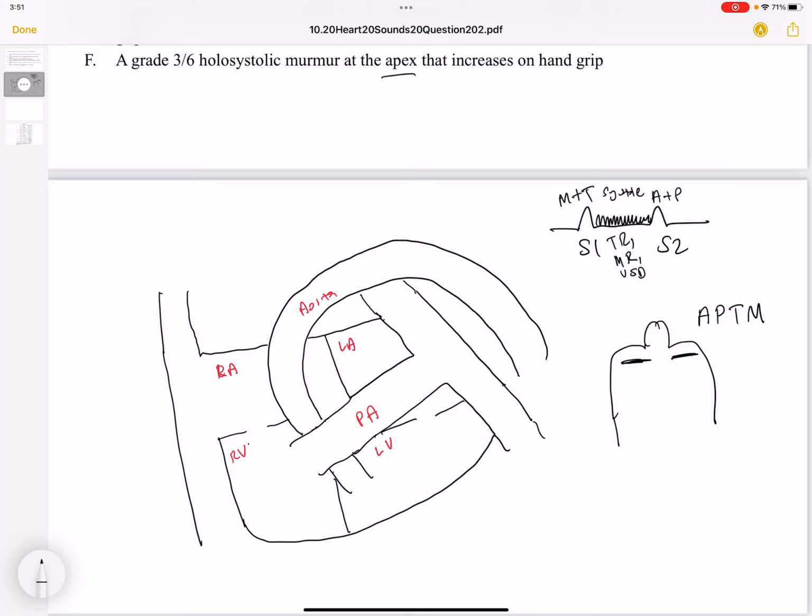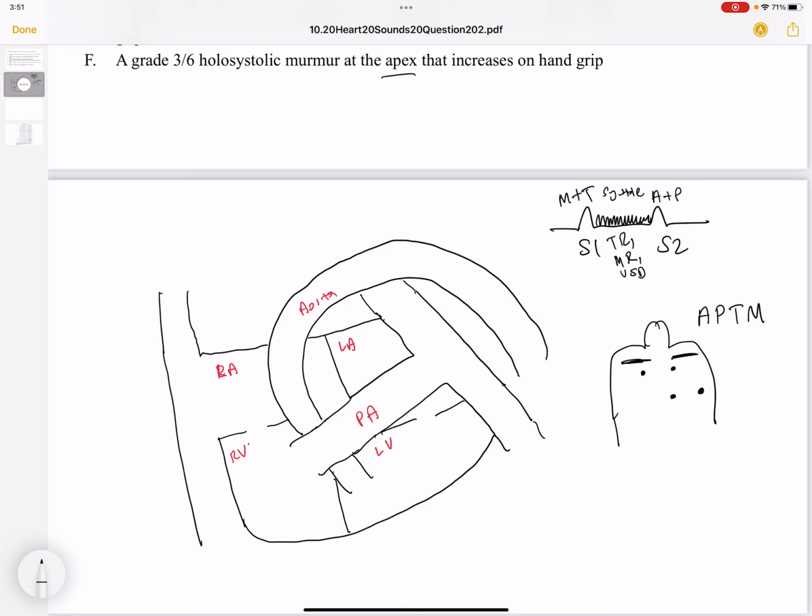In the right sternal border, in the second intercostal space, we're going to have the aortic valve. We're going to be best able to auscultate the aortic valve, and then right across that, in the left sternal border, in the second intercostal space, is going to be the best location to auscultate the pulmonic valve. Underneath that, in the fifth intercostal space, is going to be the tricuspid valve, and next to it is going to be the mitral valve.